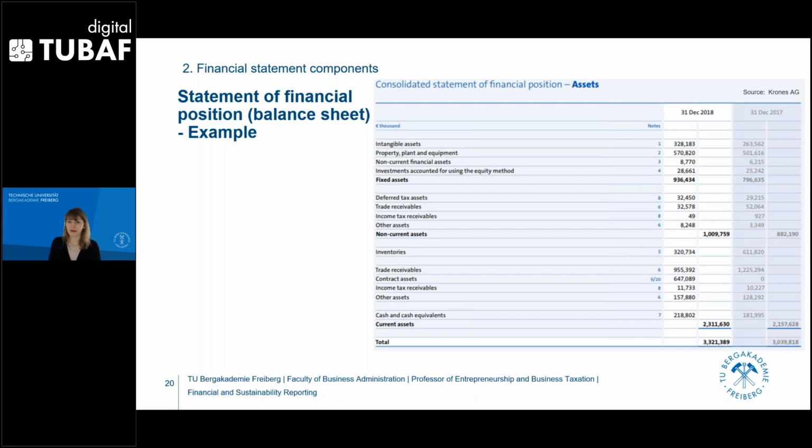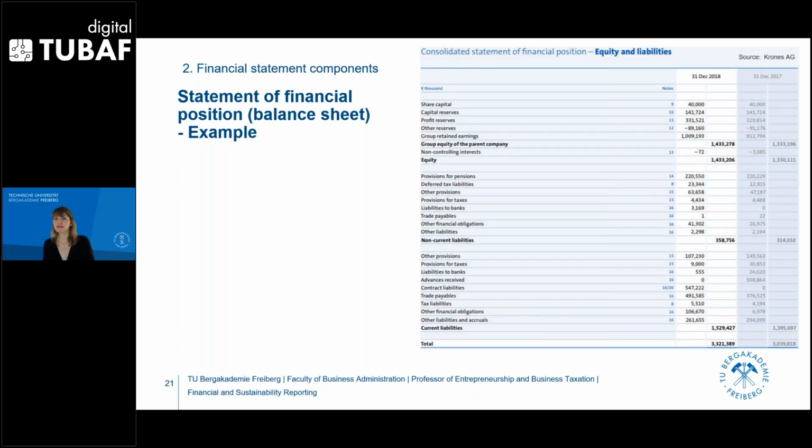So it depends on the maturity whether it's a non-current asset or a current asset. So we don't have a mixture of assets. It's differentiated into areas which are more or less easily tradable.